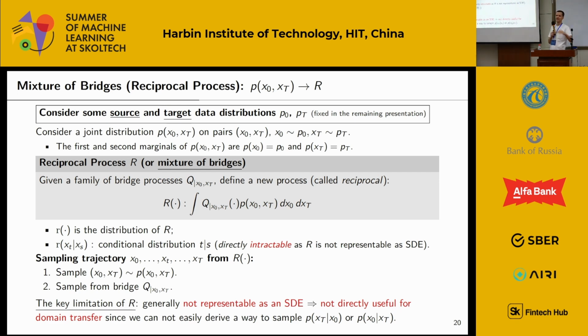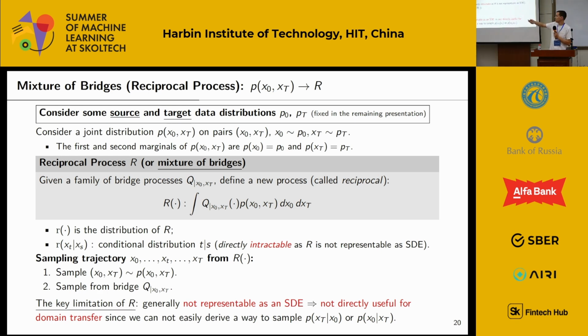We first construct some process which interpolates between two given distributions, P0 and P1, and then we somehow construct a stochastic differential equation based on this process. This process is not useful for generative modeling at all because in general it is not a Markovian process which can be represented as a stochastic differential equation, because of this non-trivial form.